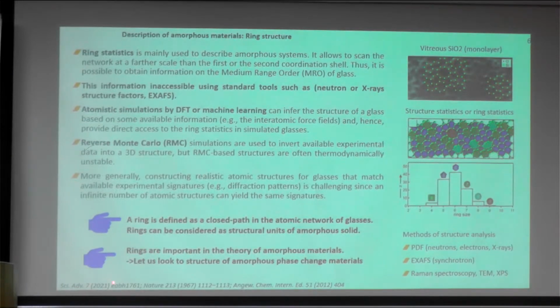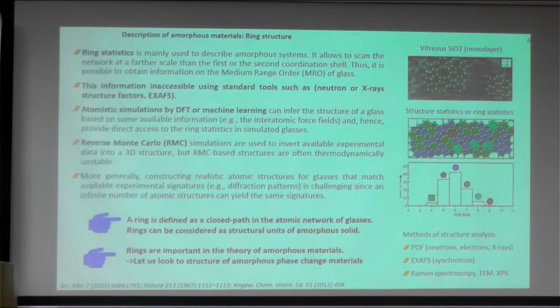In this publication from 2021, it was found that they first prepared one monolayer of this material. It's a glass state. If you can prepare it, you can study the structure. You can see the local structure of the amorphous phase, because it's a monolayer, so you see only one layer of atoms.